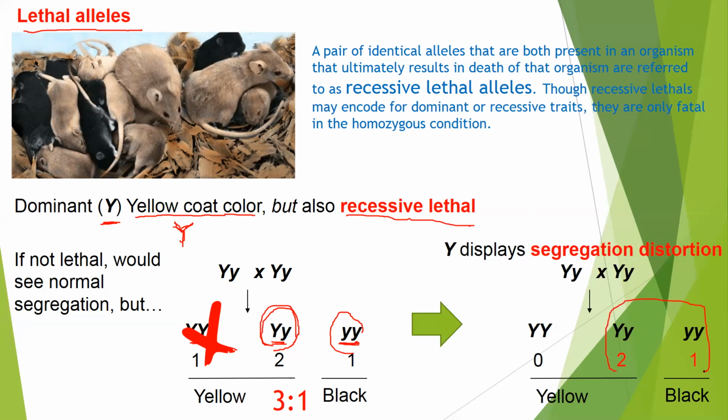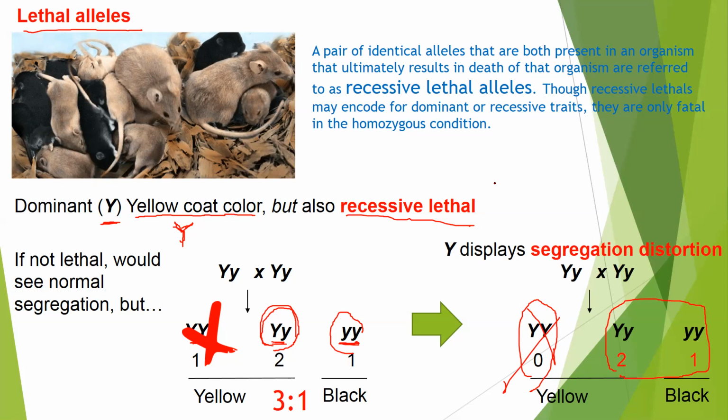This is not a classical one gene Mendelian model, right? Because we can never see a living mouse with this genotype. This is a lethal allele. All right. So now here we talk about two concepts, right? One is the pleiotropy. So this gene can determine two phenotypes.